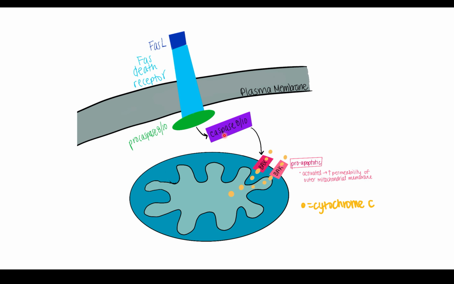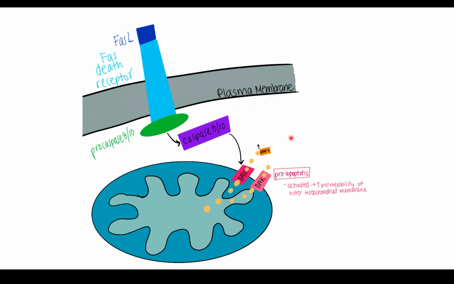Those are then going to also cause activation of Bax and Bak. Then the cytochrome C is going to be released into the cell cytoplasm, right? So if this is the plasma membrane, this is the mitochondria, all of this cytochrome C is now inside that cytoplasm. And then it's essentially the same as the other pathway, right?